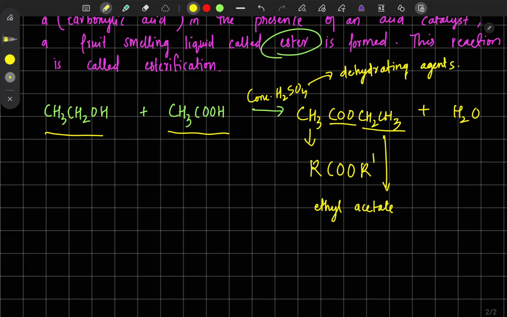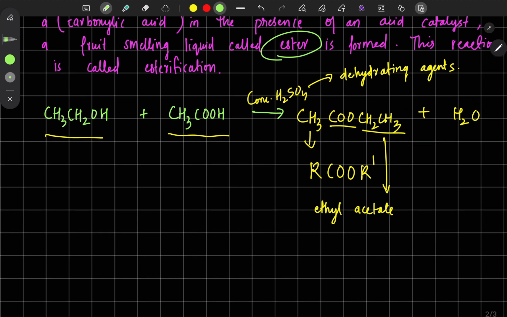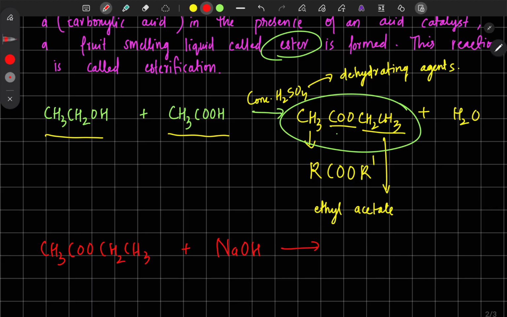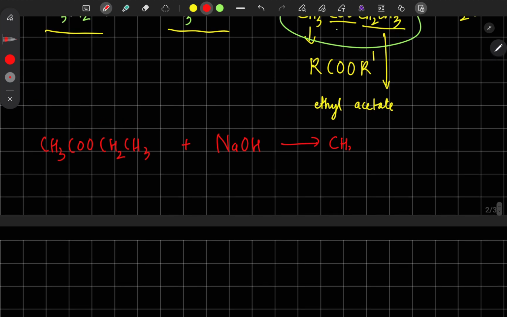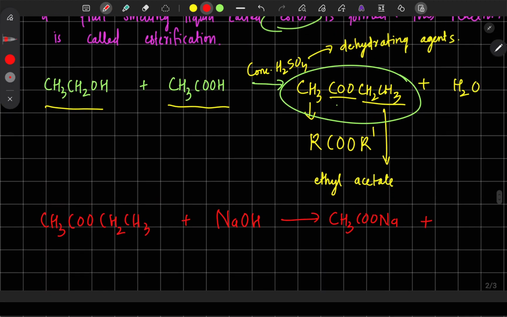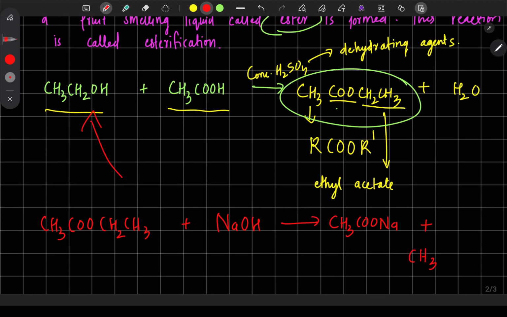If you treat this ester, CH3COOCH2CH3, with NaOH, you will get the salt that we have studied earlier, CH3COONa, plus we will get the alcohol CH3CH2OH, because this Na will attack here and this OH will go with this.